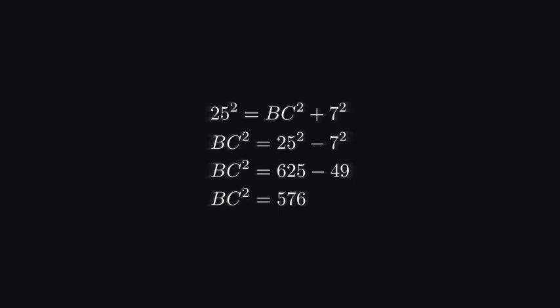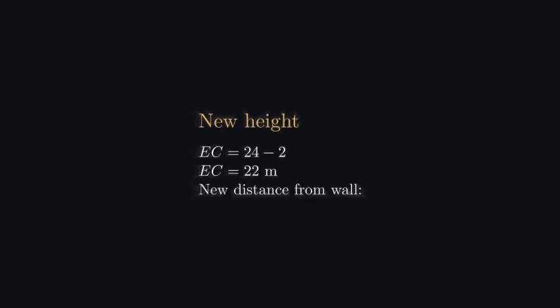This gives BC squared equals 576. To summarize, EC equals 24 minus 2, EC equals 22 meters.